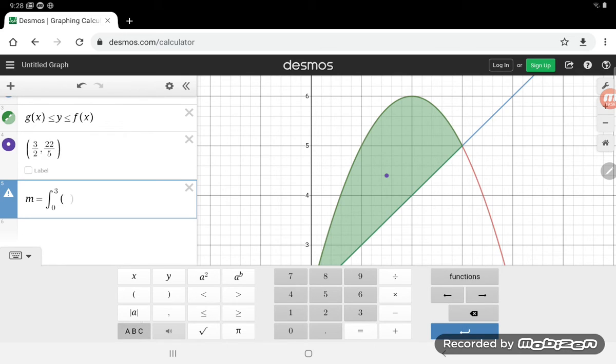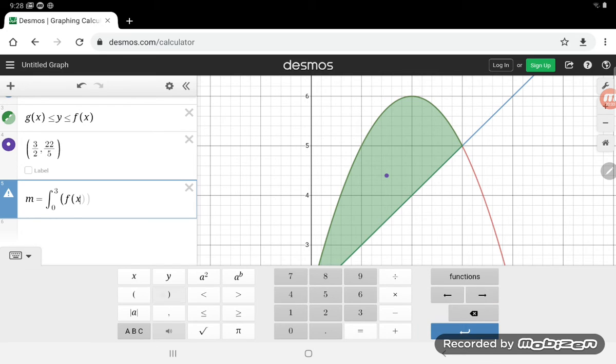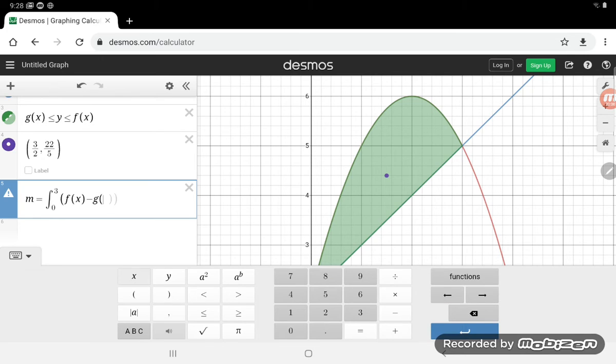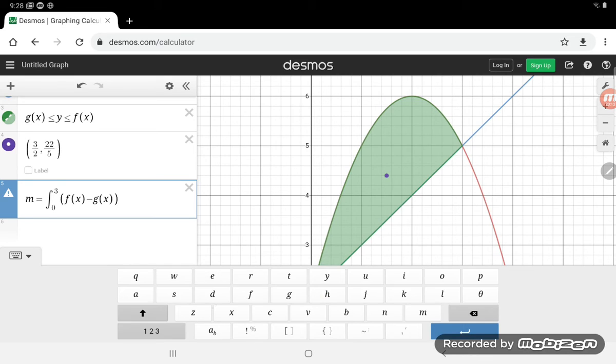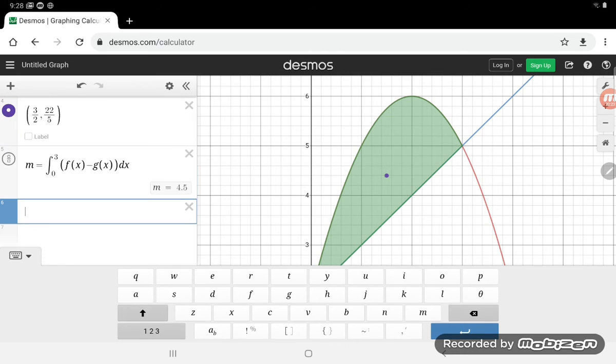So f of x minus g of x dx. Okay, and we get m of 4.5. I think that's what we had, 5 halves, right? We can do our m sub y. Need to come back here for m.